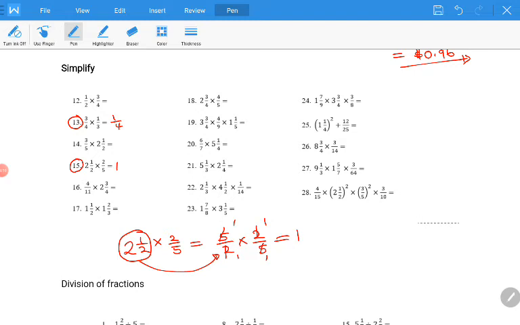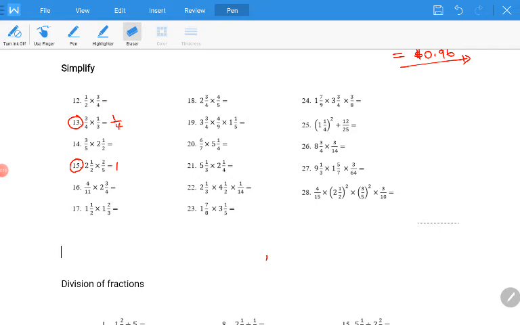Again, looking at another example, question 16. Question 16 is saying 4/11 times 2 and 3/4.